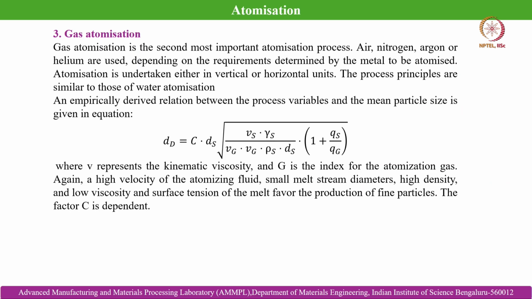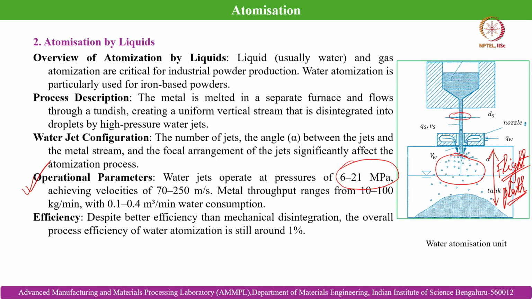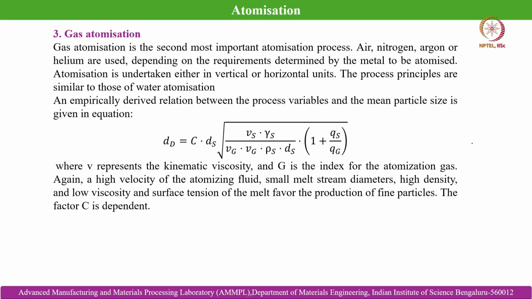So, gas atomization is the second most important atomization process. Air, nitrogen, argon or helium can be used. Other than the use of these gases as the disintegrating fluid media, the architecture of the entire device is pretty much the same. In this nozzle, in case of gas atomization, instead of water, we use highly pressurized air or nitrogen or inert gases such as argon, helium, etc., depending on the requirements determined by the metal to be atomized.